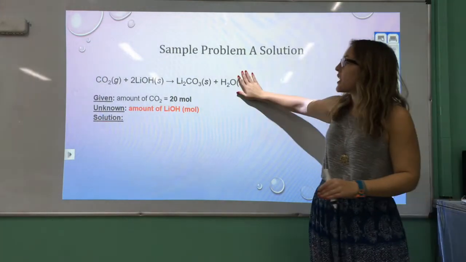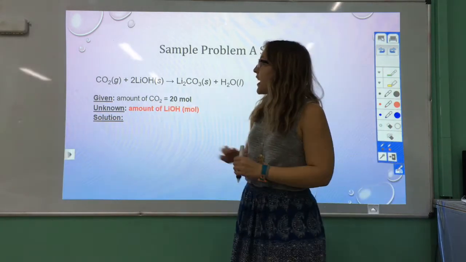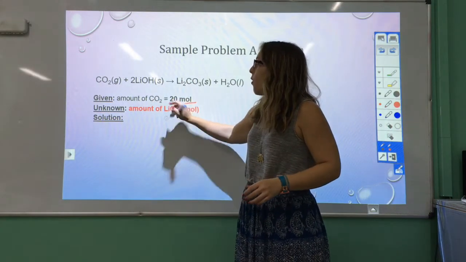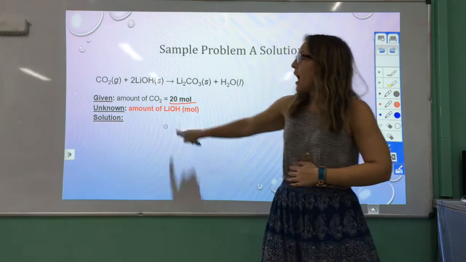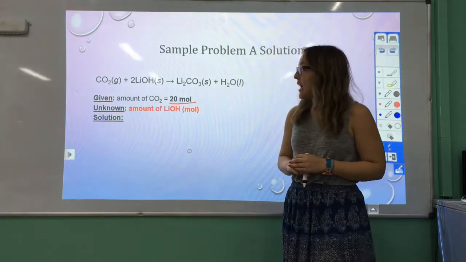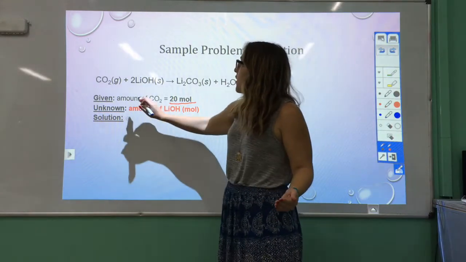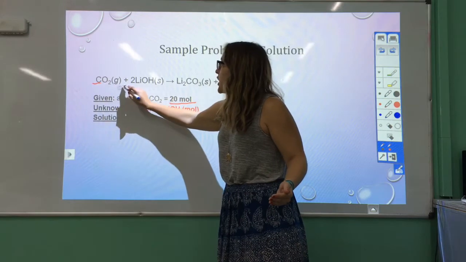So, once again, here's the equation. We can see that it is balanced. We are given an amount of 20 moles of carbon dioxide, and we want to know the amount of lithium hydroxide in moles. So how do we go about that? Using the mole-to-mole ratio.